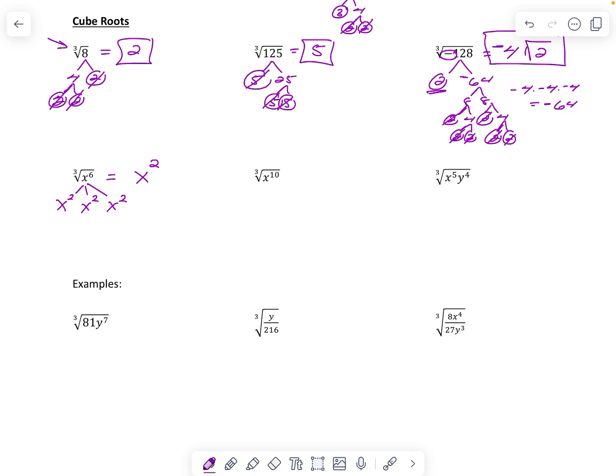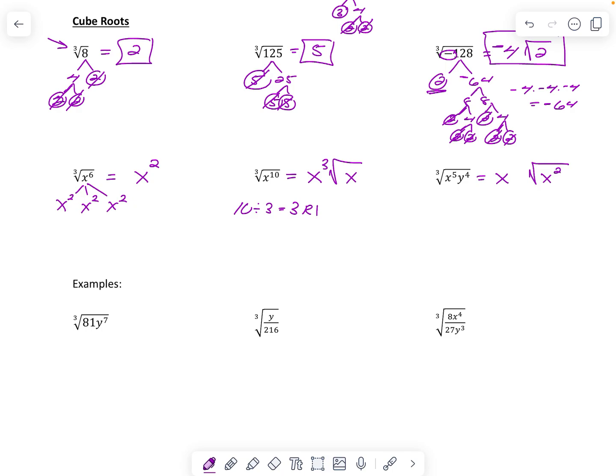So how many times does 3 go into 10? 3 times with 1 left over, right? 10 divided by 3 is 3, remainder 1. How many times does 3 go into 5? Once, with 2 x's left over.